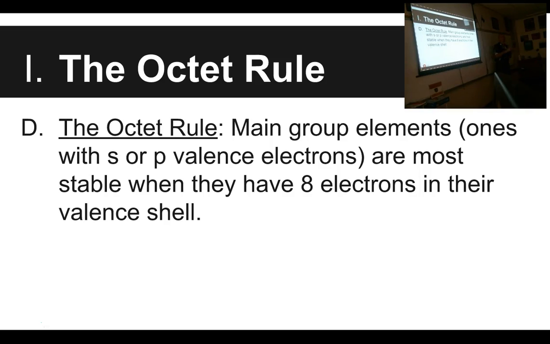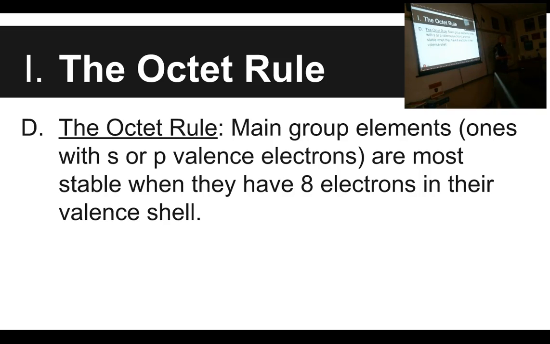The transition elements don't want 8 in their outermost shell, but those transition elements don't tend to react very much anyway, and they are going to be pretty much ignored in your high school level chemistry class. And so we can kind of forget that they exist for the case of the octet rule. Most atoms that you will deal with in high school chemistry are looking for 8 electrons in their outermost shell.